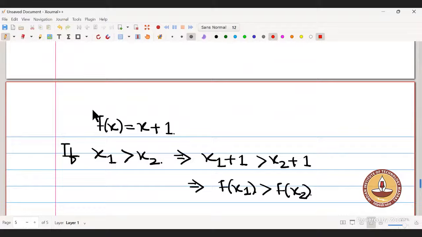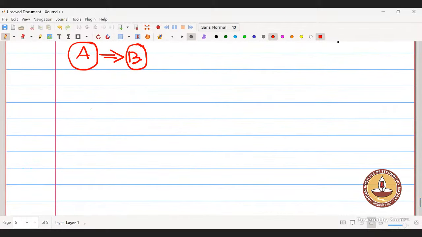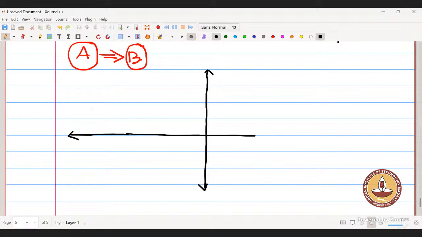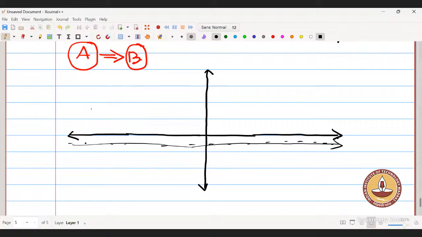See what it is saying. If you try to draw the graph of a strictly increasing function, and you move along the x-axis from minus infinity to infinity, the values are increasing, right? You are going from lower values to higher values.